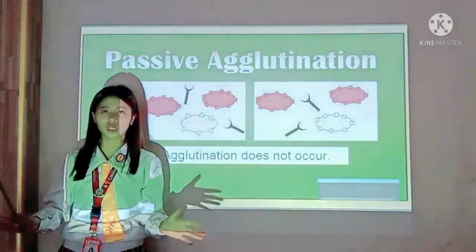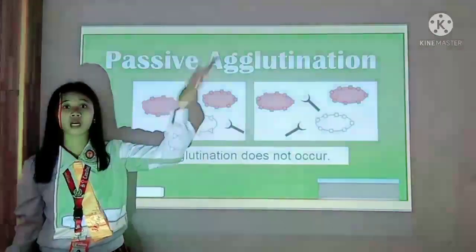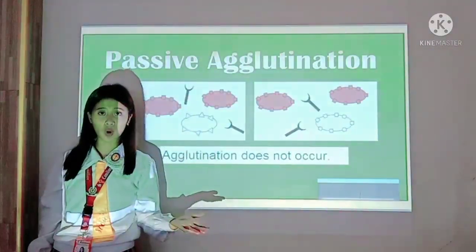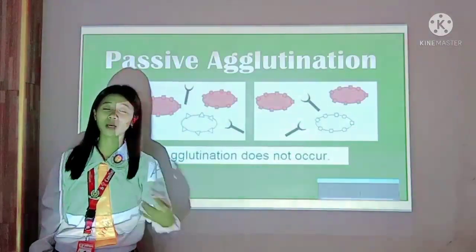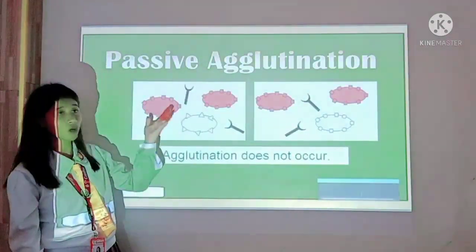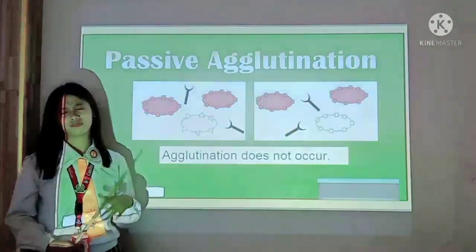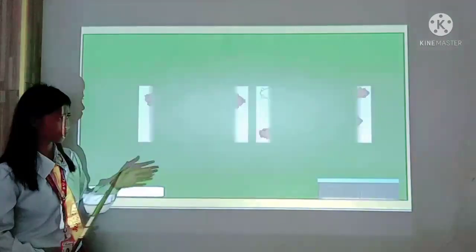Kapag walang agglutination na nangyari, it is a passive agglutination. And another thing, kapag compatible si blood mo into foreign blood, syempre, walang agglutination. You are safe. Okay. Next, another type.